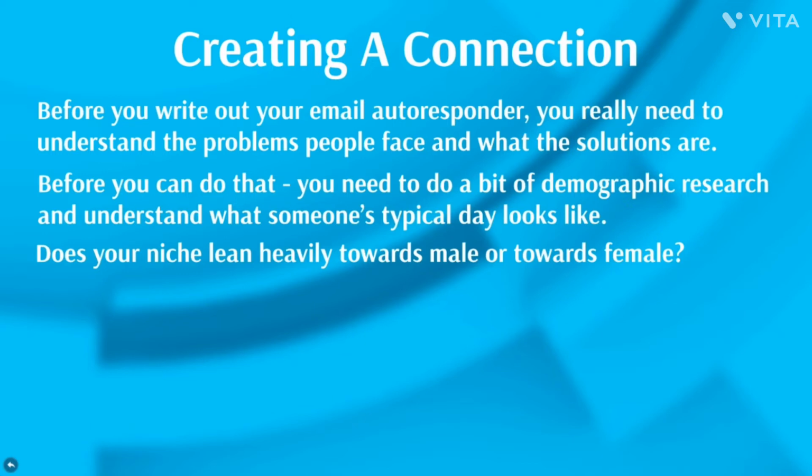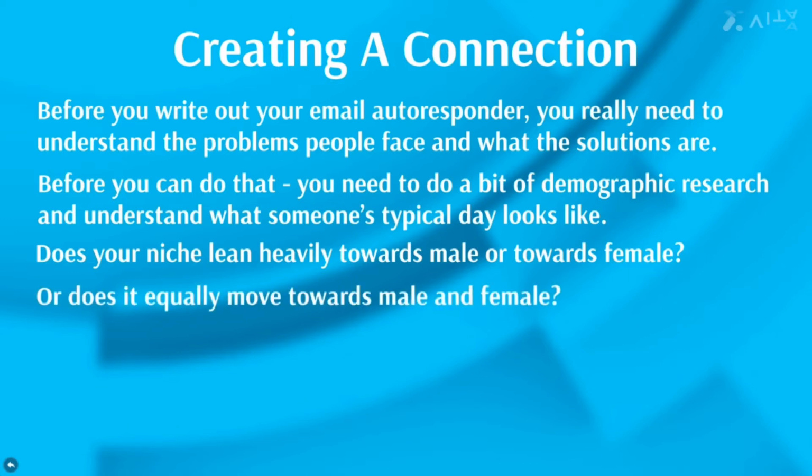So my question to you is, does your prospect within your niche lean heavily towards male or towards female? Or does it equally move towards both male and female? So in other words, in order for it to lean just towards female, is if, let's say, for example, that niche is 90% female, or even 95% female, or even 75%.